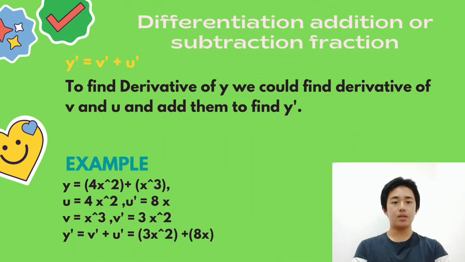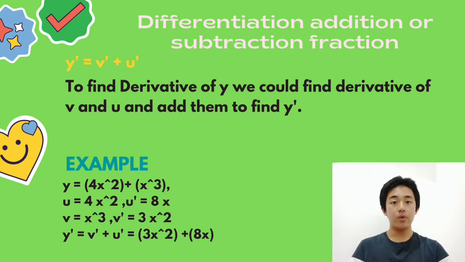Differentiation, addition, or subtraction of functions. So let's start with the example. y equals 4x squared plus x cubed. So if u is 4x squared, that means u prime equals 8x.